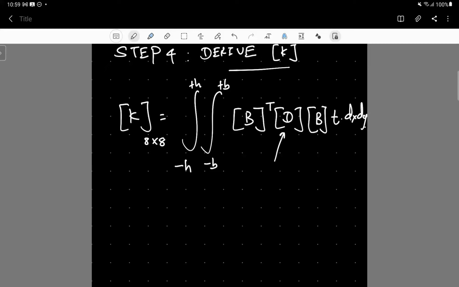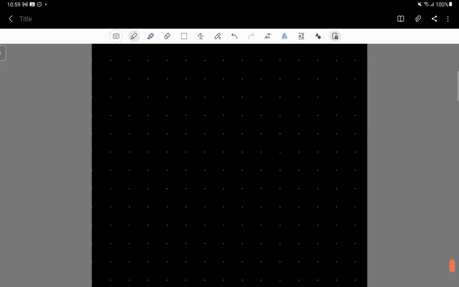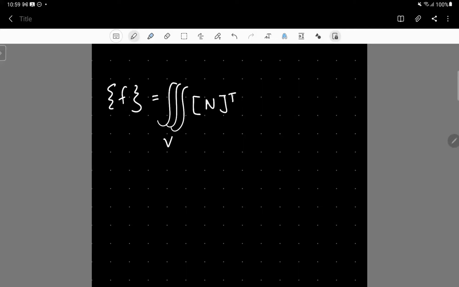freedom. Finally, since we have dealt with the element stiffness matrix, the element force matrix will be given, as you can see, by the summation of the body forces as well as the surface forces. For evaluating the body forces, we need to obtain the integral over the total volume of the transpose of the shape function, the body force matrix, or force applied per unit volume, times dV.